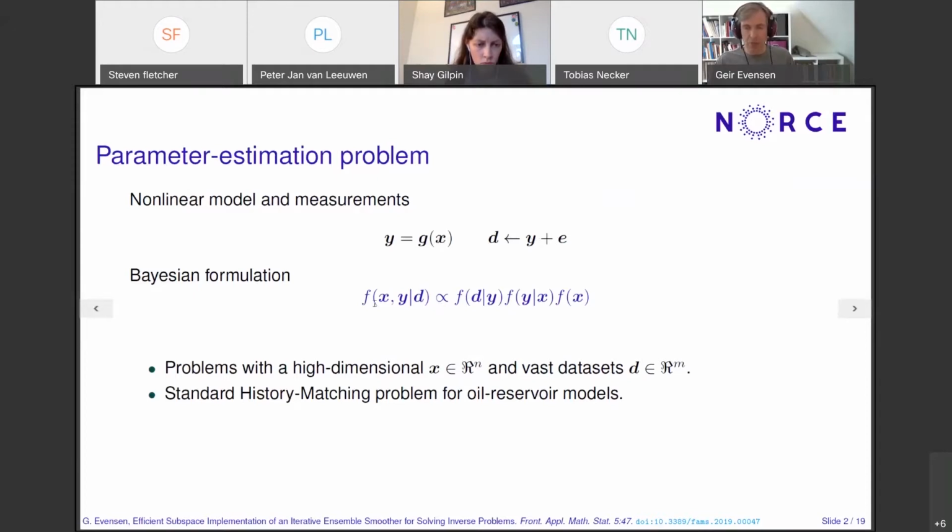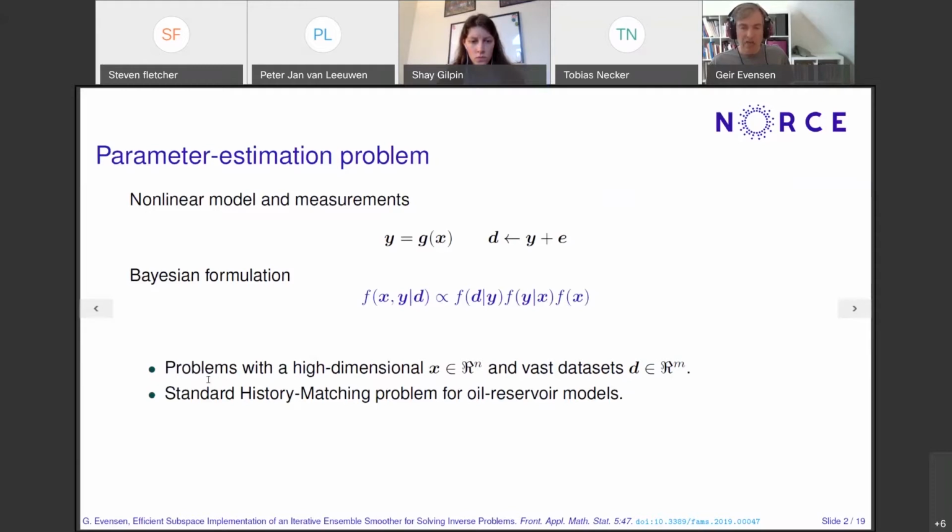So then we have a posterior PDF of x, the input parameters, and y, the predicted measurements. This is a joint PDF, conditional on the measurements. And this is proportional to a likelihood times a prior PDF for the parameters, and this is the model integration.